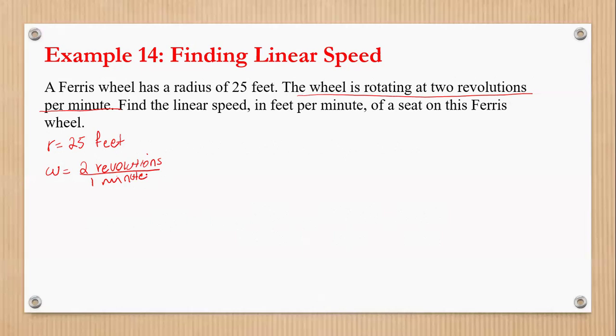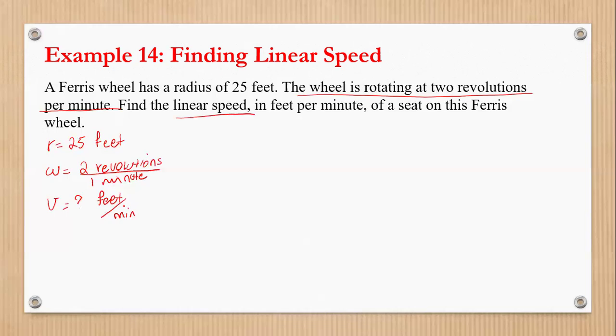Find the linear speed in feet per minute. The unit must be feet per minute, of a seat on this Ferris wheel.